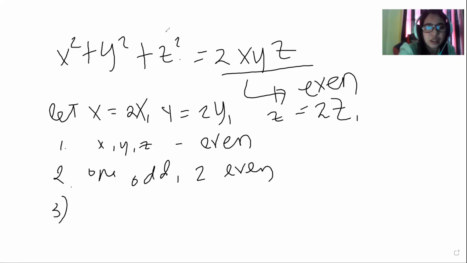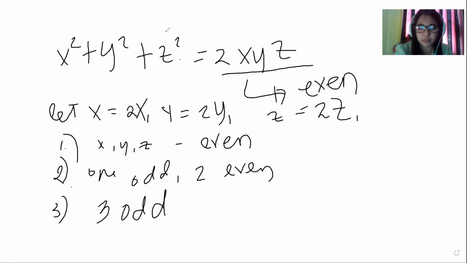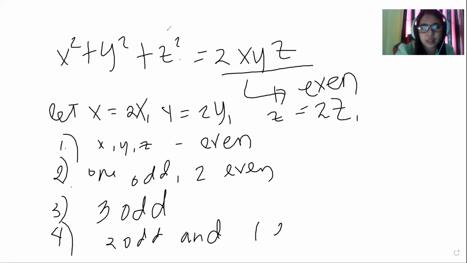Number 3, what if we have three odd integers? And number 4, what if we have two odd and one even integer?